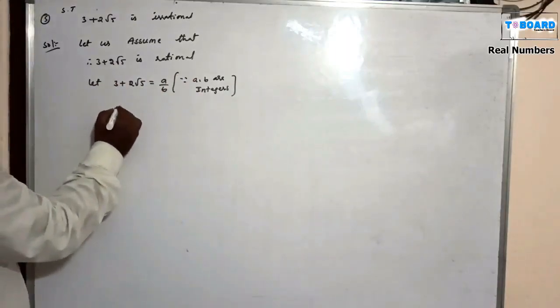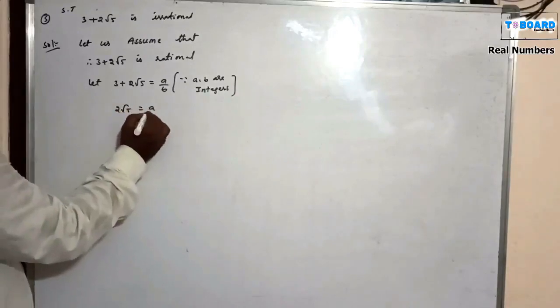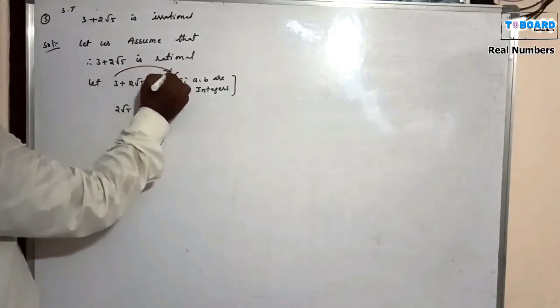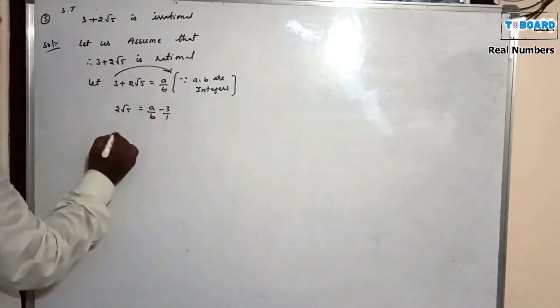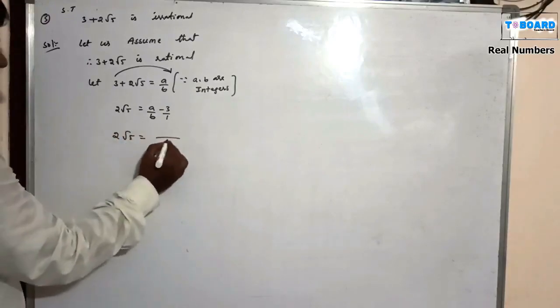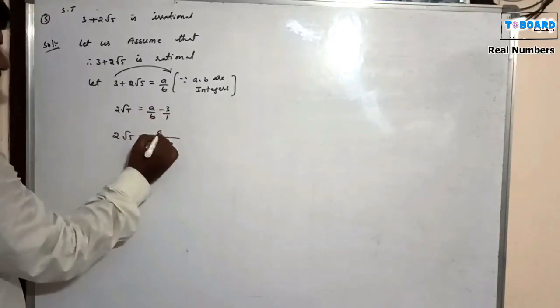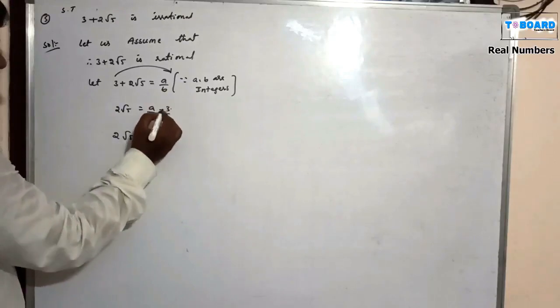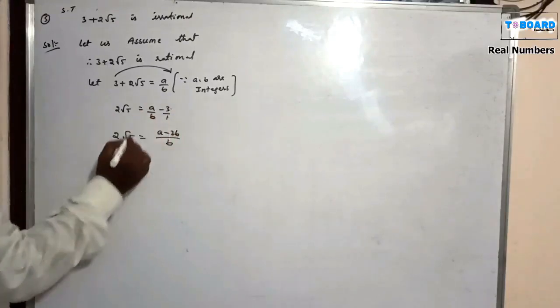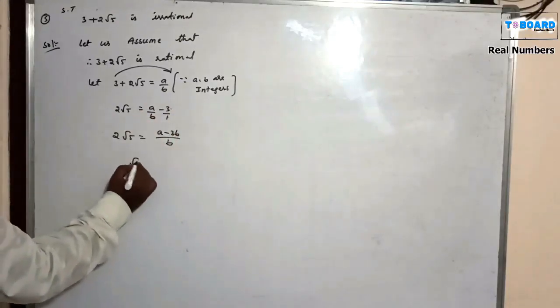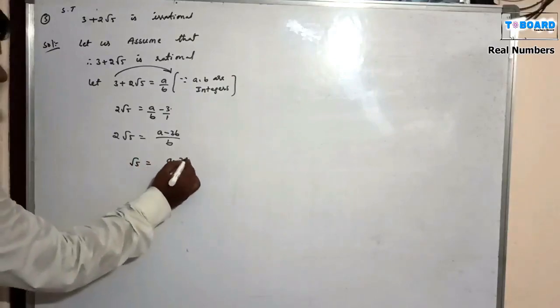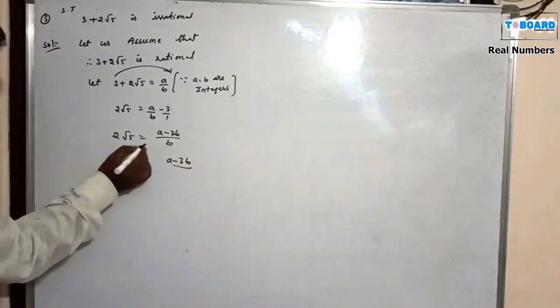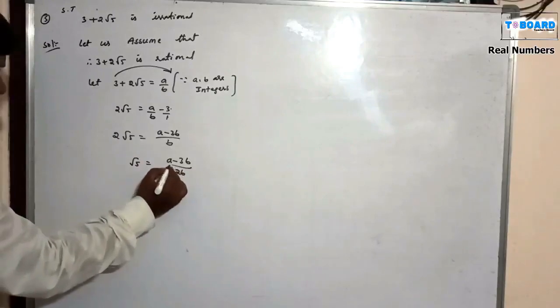Now 2 root 5 as it is, equals a by b minus 3. 2 root 5 equals LCM: 1 into a minus b into 3, that is a minus 3b. Next root 5 equals a minus 3b, and the 2 multiplication now changes to division, that is 2b.